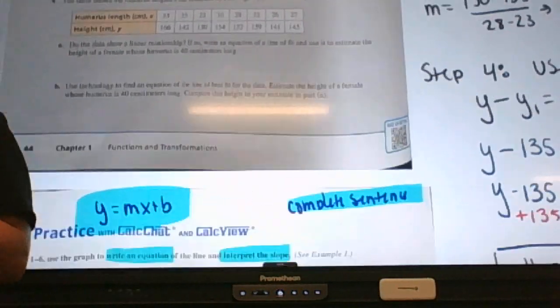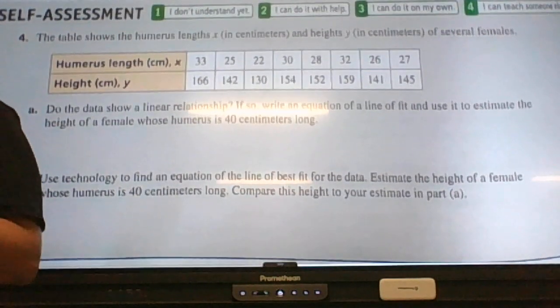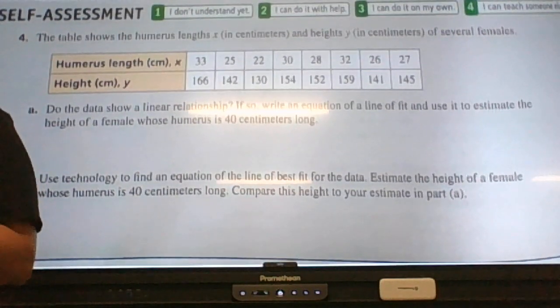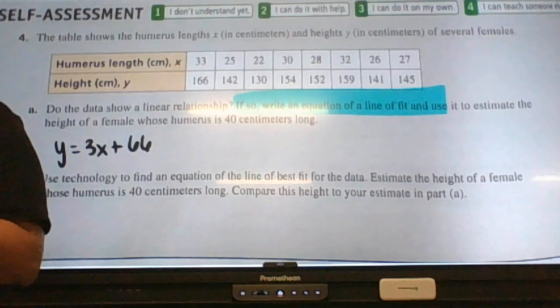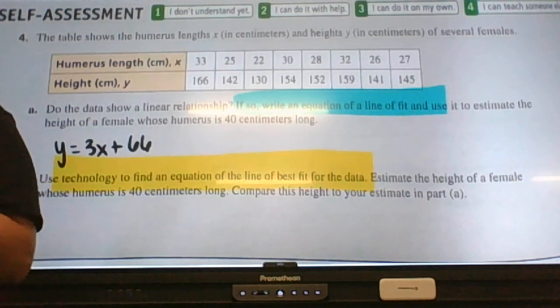When I come to the question, I'm wondering, did I even answer it right? It says, write an equation of a line of fit. And then below it, it says use technology to do a line of best fit. Best fit is the technology one.